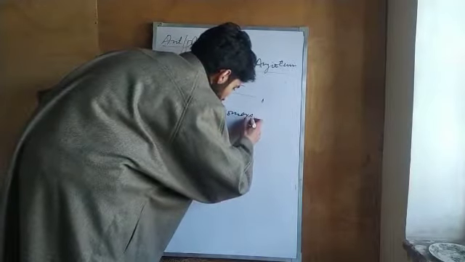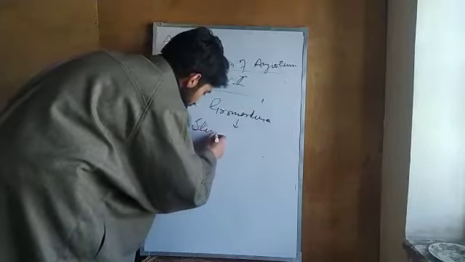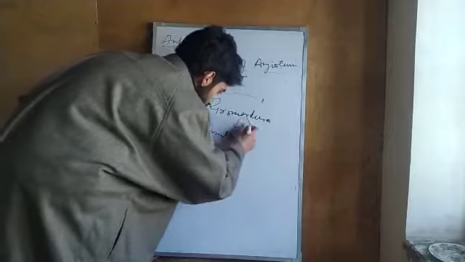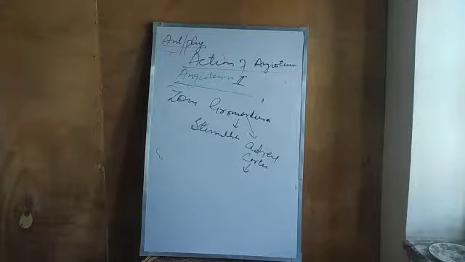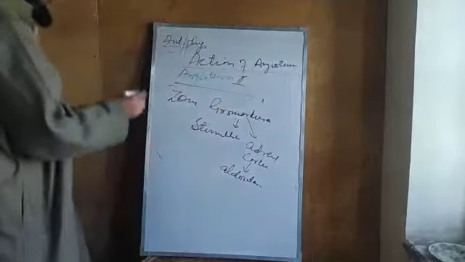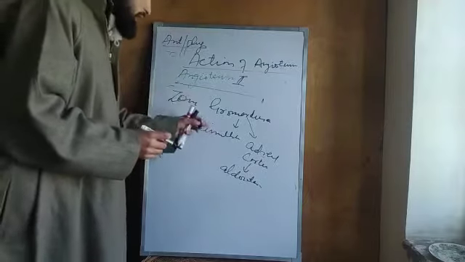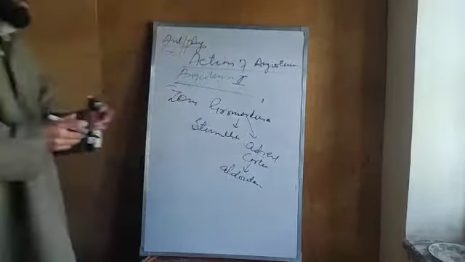This zona glomerulosa is a part of the adrenal cortex. So this adrenal cortex secretes aldosterone.